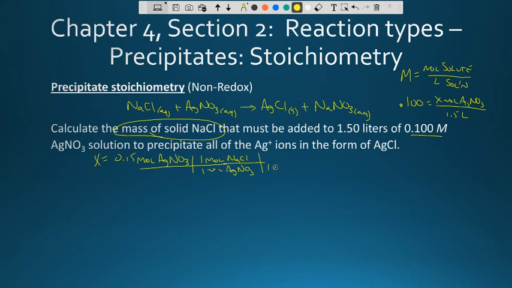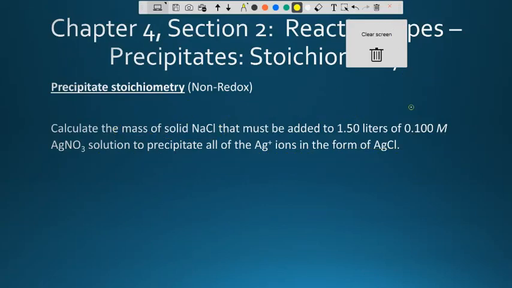Now I can go 1 mole of sodium chloride is 58.5 grams of sodium chloride. Periodic table, look at the masses. What that gives me is a mass of 8.77 grams of sodium chloride. That's it. So with this concentration of silver nitrate, I now know how much sodium chloride I could get. But the next part of this question is asking something a little bit different.